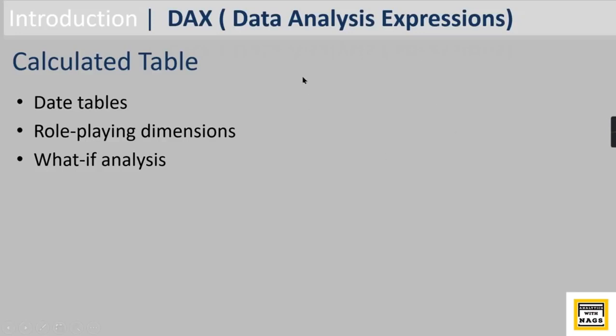The best example is date, like due date, ship date, and order date. All those are columns in a fact table. You will get to know these once we practice DAX, but you should understand what a calculated table is: a derived table you create using DAX. So these are the main purposes for which you will use DAX.